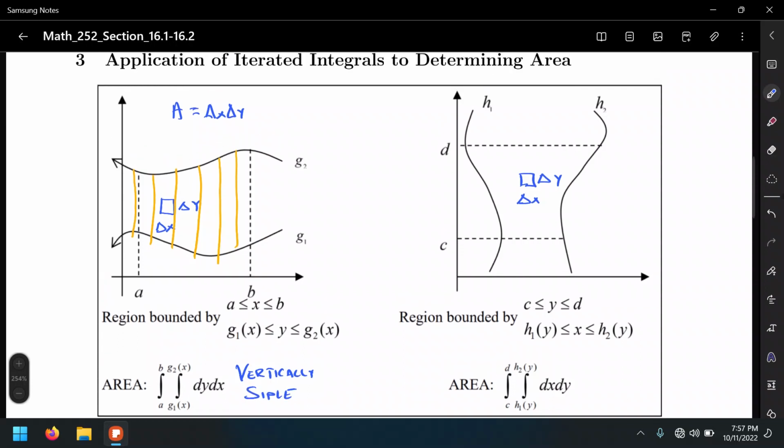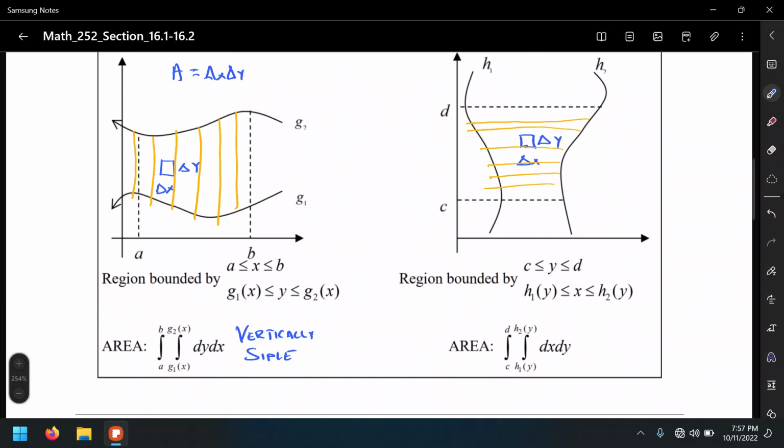However, on the other hand, if we think of functions of y sideways this time, if h2 is always to the right of h1 when I trace these lines right here, then this region is called horizontally simple.